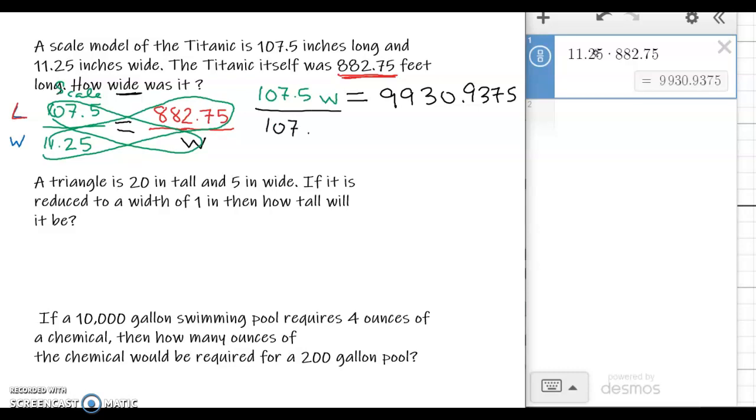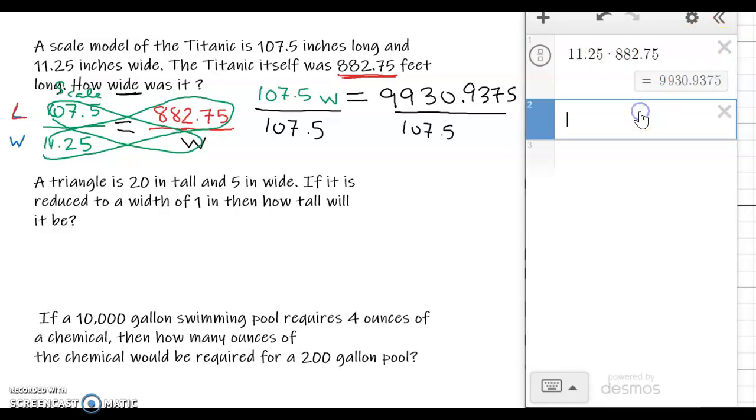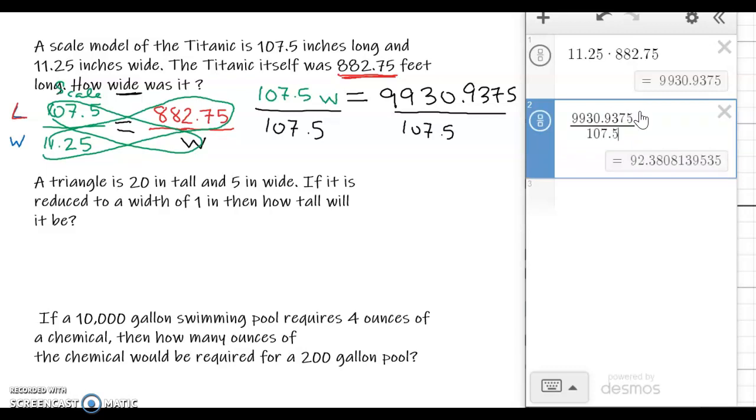Once we cross multiply, we get this nice equation that now we're going to solve. So 107.5 W equals 9,930.9375; I divide by 107.5 on both sides. And so I get 92.4, and I'm going to write 92.4 here.